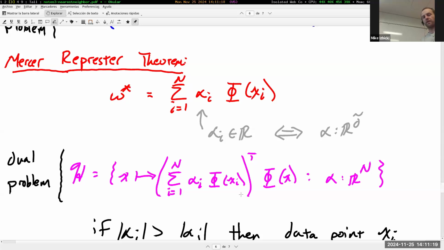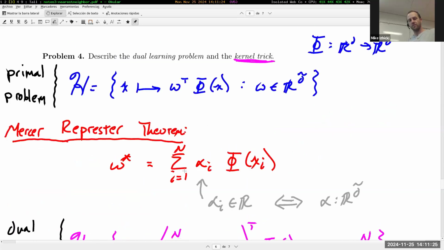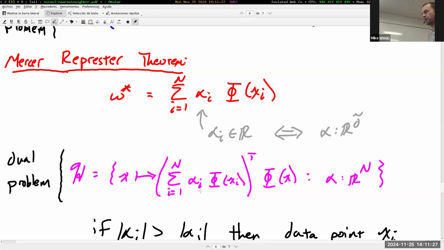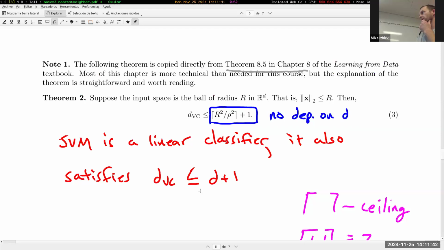It's just we're plugging in this version of the function right here into SGD instead of the primal version up here. And so you can get the alpha values that way. But that's probably not super helpful because that doesn't help build a lot of intuition about what's going on.